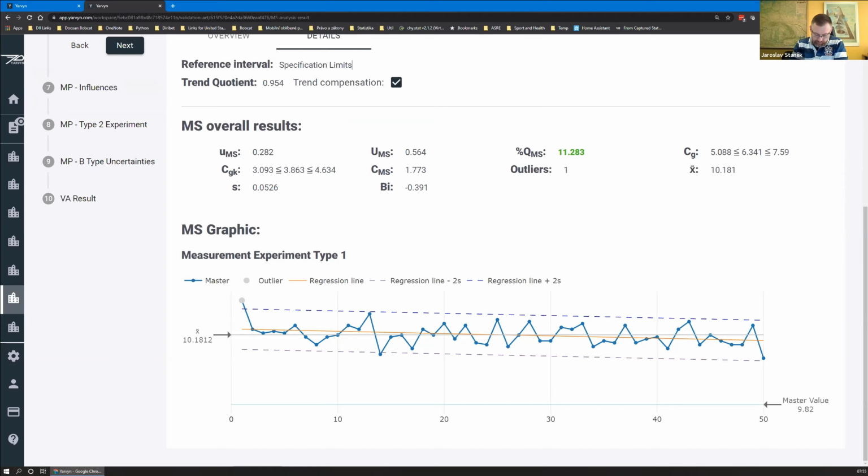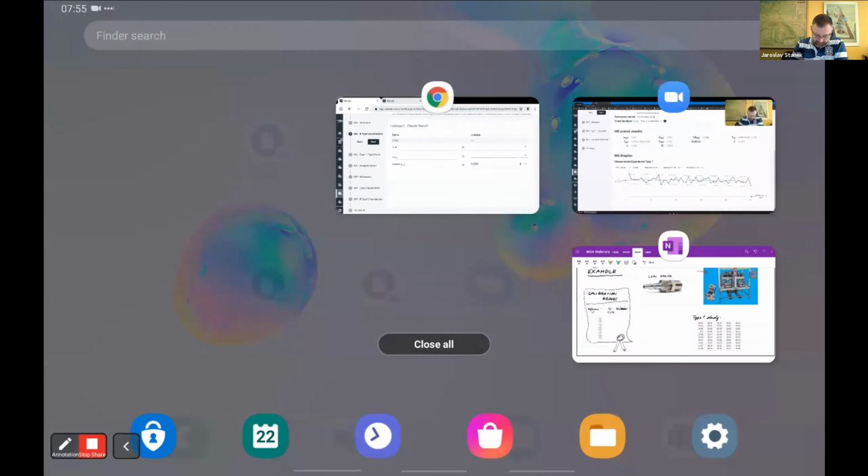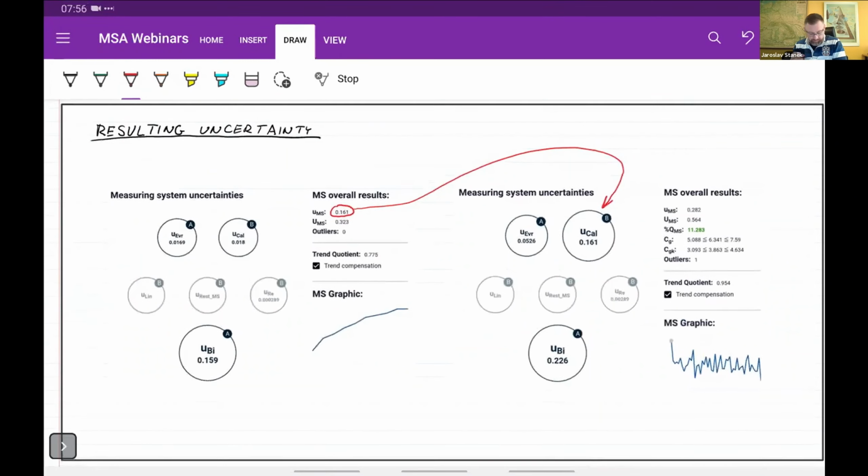I will recap it. So what we want to have is the measurement system uncertainty of the whole system.